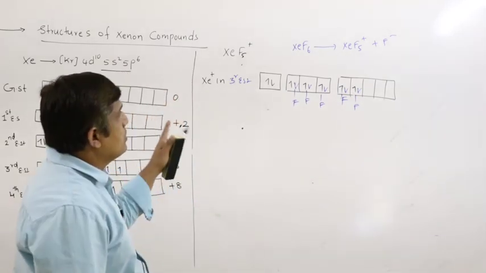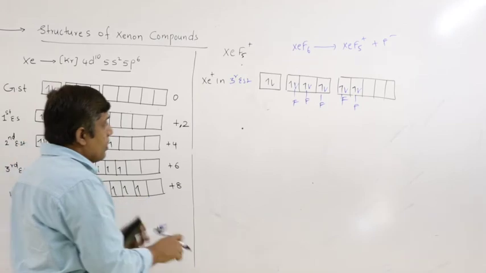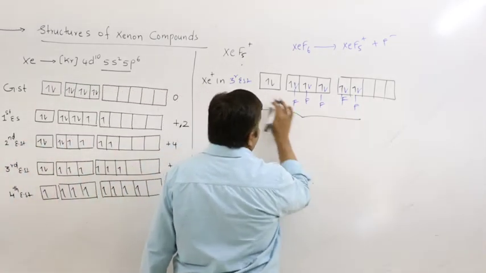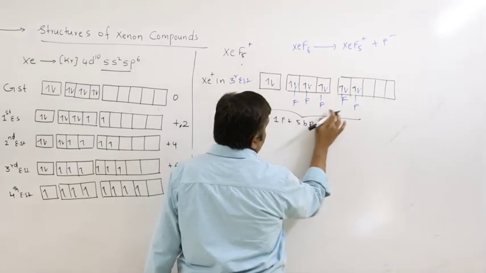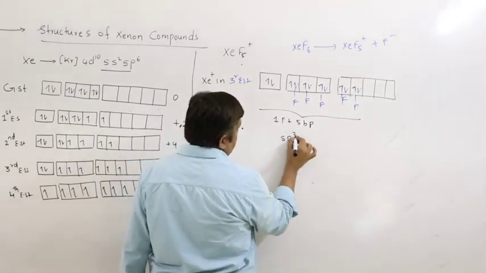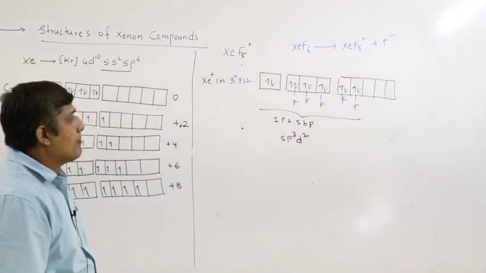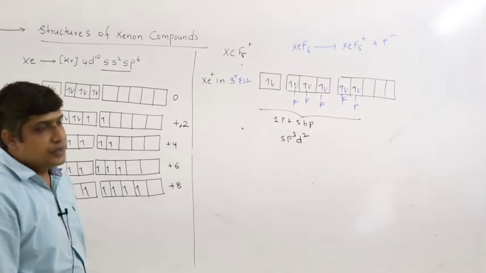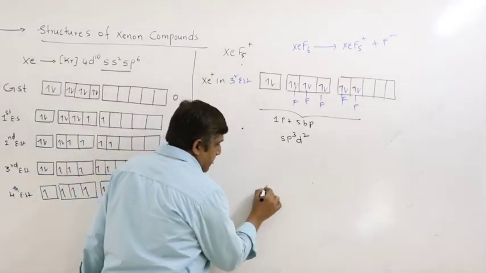So it looks like this 3, 4, 5, 6, 7, right. So one lone pair, 5 bond pairs, 1, 2, 3, 4, 5 bond pairs. So hybridization sp3d2. So coming to the geometry.